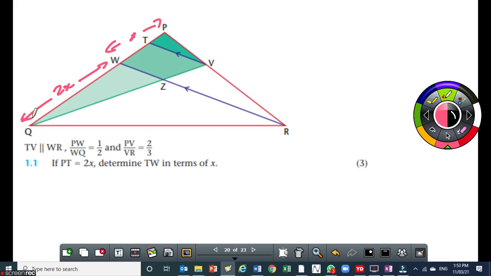Alright? Then PV over VR is 2 over 3. So here I can call this one, say, 2y, and that one 3y, because it's a different side of the triangle. Okay? You following?